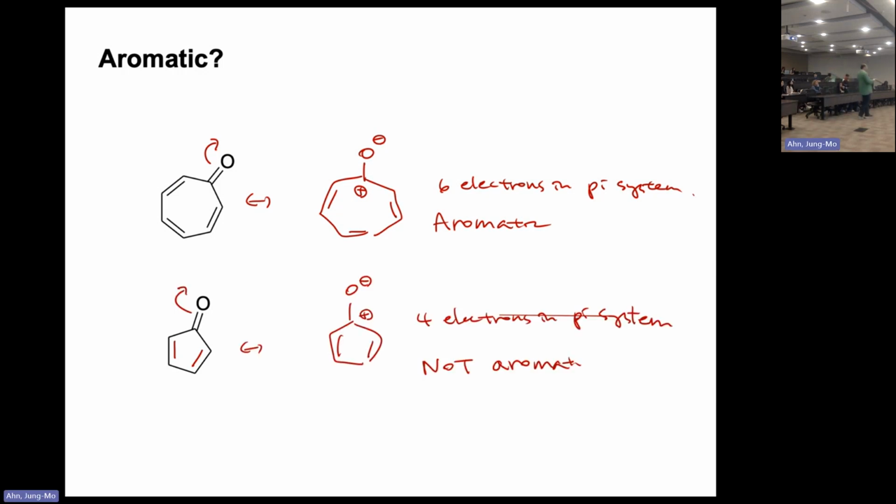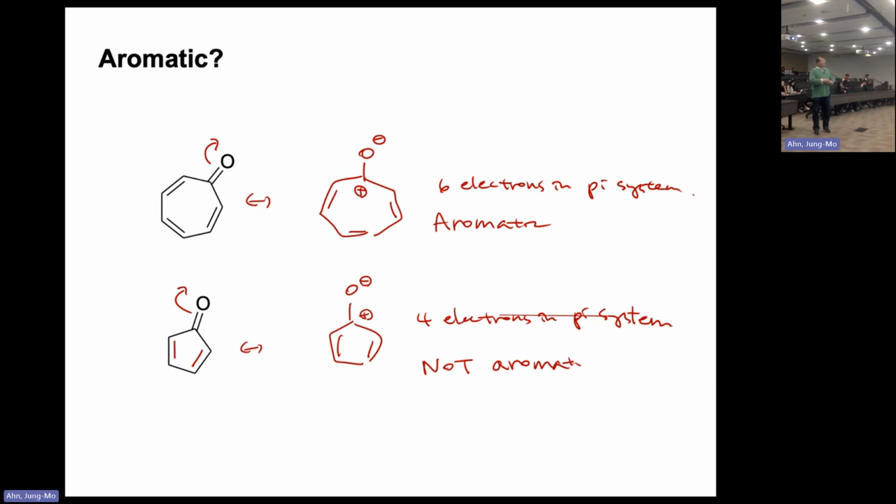But if you do that, you'll make the oxygen positively charged, which is not good, because a positively charged oxygen with 6 electrons is a huge violation of the rule, as we discussed in the first slide of the questions. But if you see it the other way, the natural movement of the carbonyl electrons is going to the oxygen, so the oxygen is negatively charged and the carbon is positively charged.